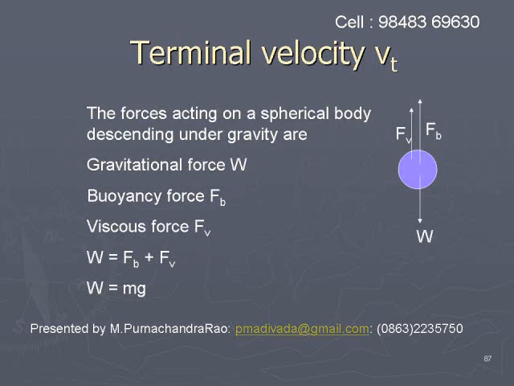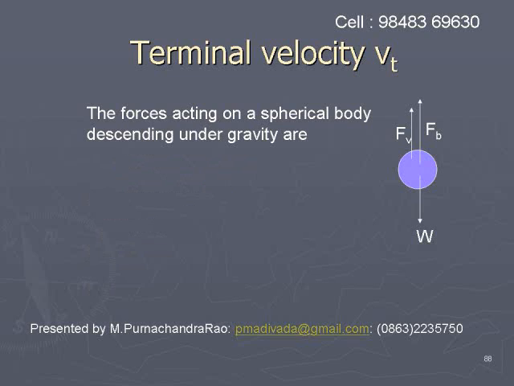Let us derive a relation for the terminal velocity. Suppose a spherical body of radius r is descending with terminal velocity under gravity. Suppose its weight is W. Then two forces act in the upward direction: one is the viscous force, the other is the buoyancy force.